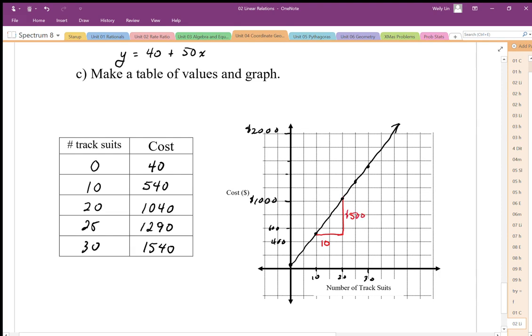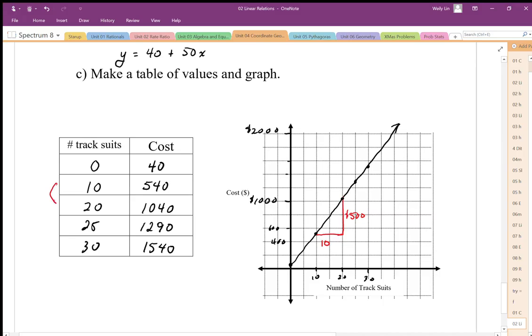It goes from $540 to $1,040. There's our proportion, and that proportion can be drawn as a small triangle or a big triangle, because it's proportional, meaning we can use 10 to 500, or 50 to 1. It doesn't matter. And we can see that proportion showing up here on the table.